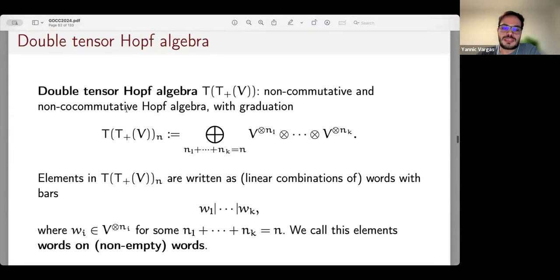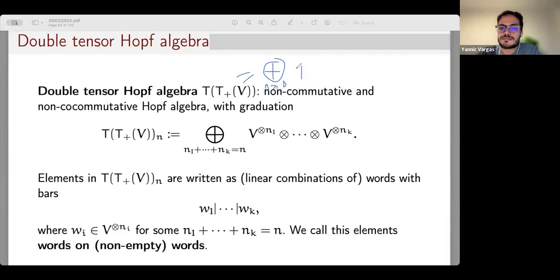So again, you start with a vector space V, and let me write it here. This is the direct sum for n bigger than 0 of these terms.